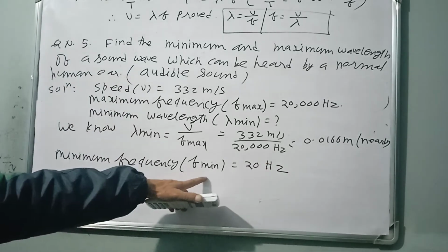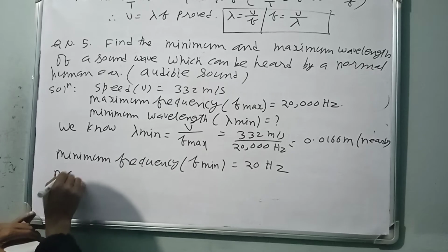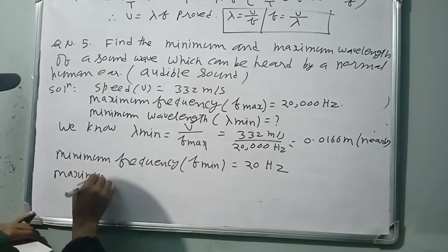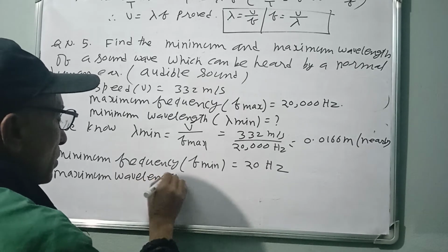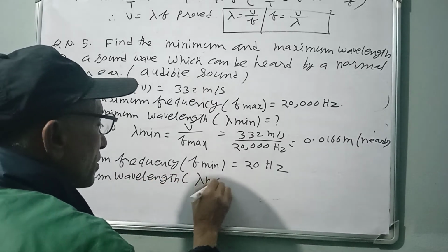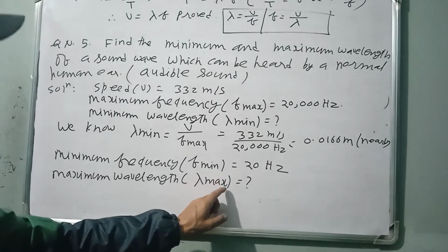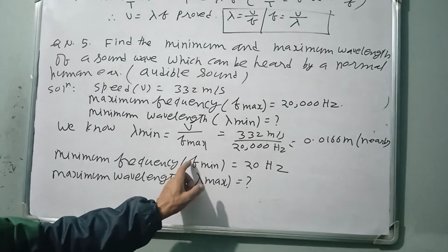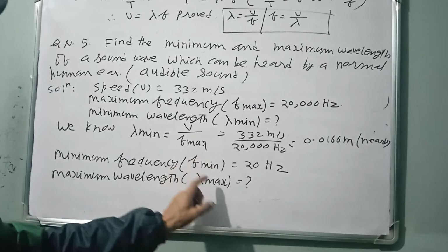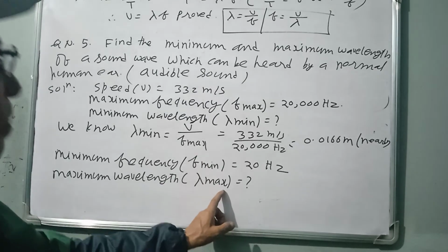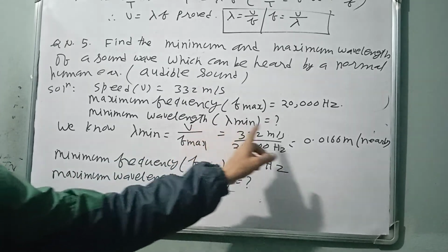If the frequency is minimum, the wavelength is maximum. Lambda max is the notation. Lambda max means maximum wavelength. Minimum frequency, maximum wavelength; maximum frequency, minimum wavelength.